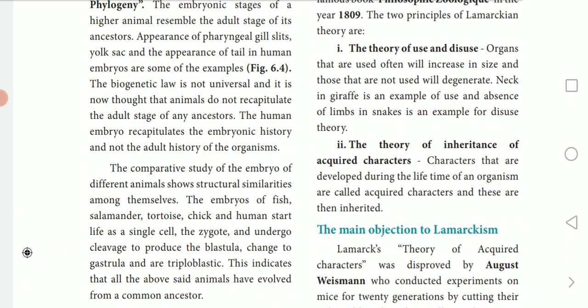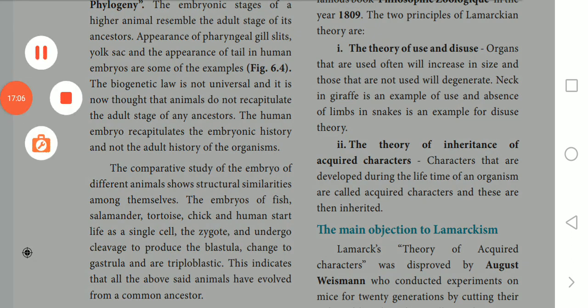He proved that the fittest organisms can survive and leave more progeny than unfit ones through natural selection. Charles Darwin explained how organisms live through natural selection in this book.